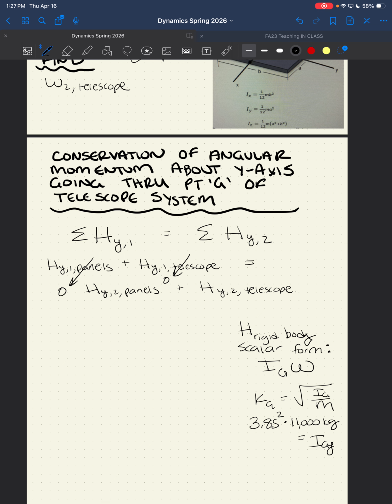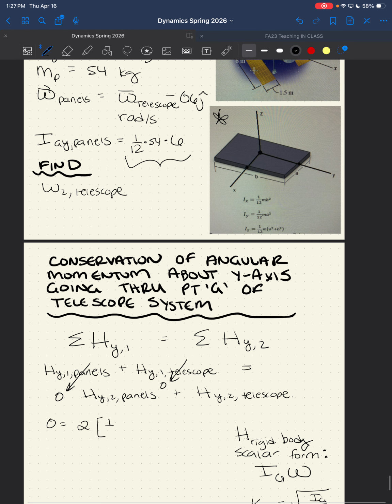Probably about that. 4 times 6, or is it supposed to be 6 squared? You're talking about the mass moment of inertia of the panel? Yeah. Oh, sorry. Yeah, there is a squared there. That's a great question. Yep, I forgot the squared. Thank you. Which comes out here as well.